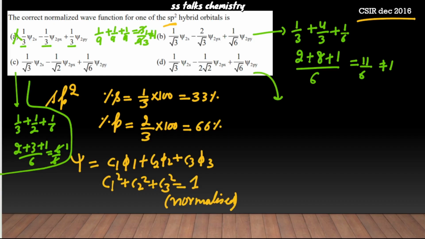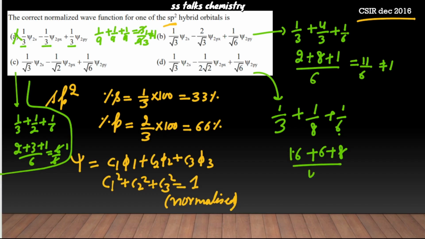Here also in the last option I see it is 1 by 3 plus 1 by 2 plus 1 by 6, taking the LCM of 48, 16 plus 6 plus 8 is 30 upon 48, which is not equal to 1.